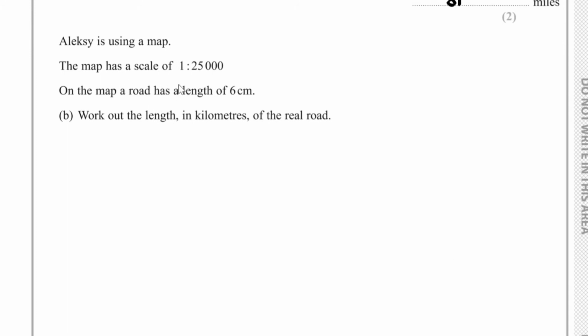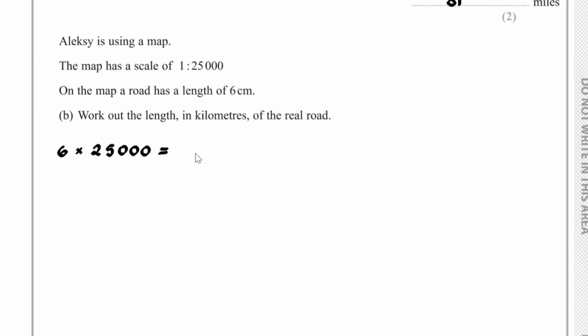Alexi is using a map. The map has a scale of 1 to 25,000. On the map, a road has a length of 6 centimeters. We have to work out the length in kilometers of the real road. Well, we need to work out 6 multiplied by 25,000.